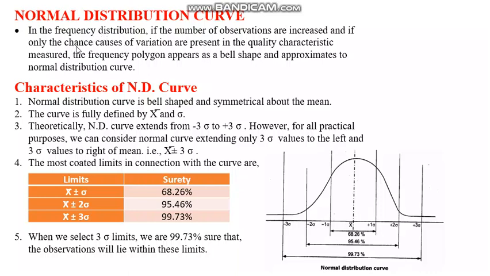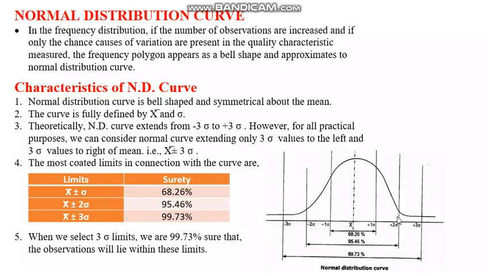There is some other cause also, like assignable cause. We will see a little later about these two causes. Suppose only chance causes of variation are present in the quality characteristic measured, then the frequency polygon appears as a bell shape and approximates the normal distribution.